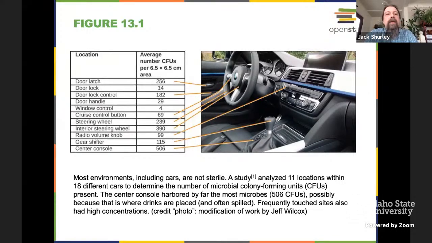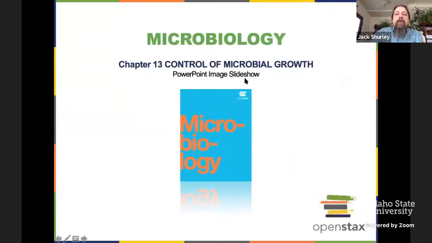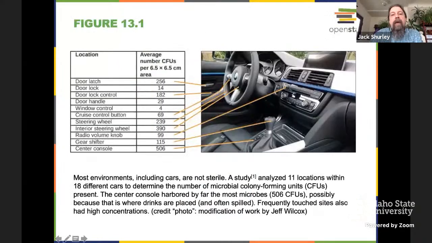I don't think it's completely 13 through 18 or whatever it is. I'll have to, again, like I said, look at that. So with chapter 13, the idea with this, let me get back to this, sorry. It's control of microbial growth is the title of this.